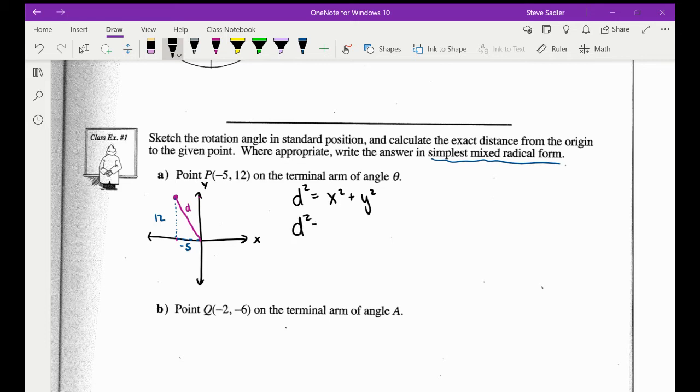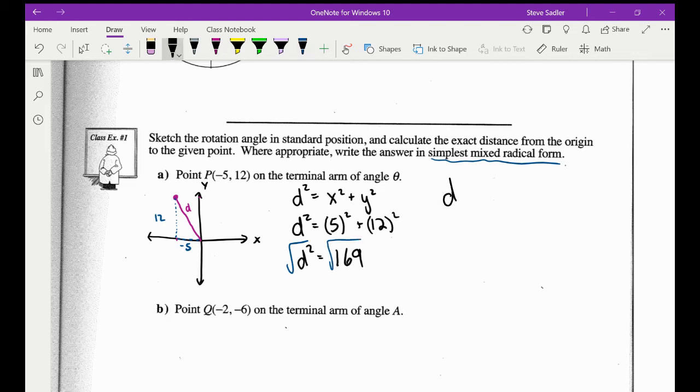So we can say, okay, well, d squared is going to be 5 squared, that's my x, plus 12 squared. That's going to give me a d squared of 169. And then in order to find the value of d, we have to square root both sides.